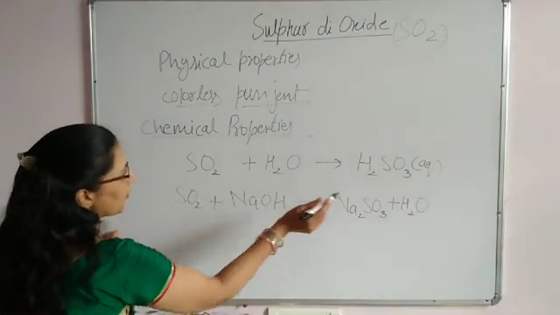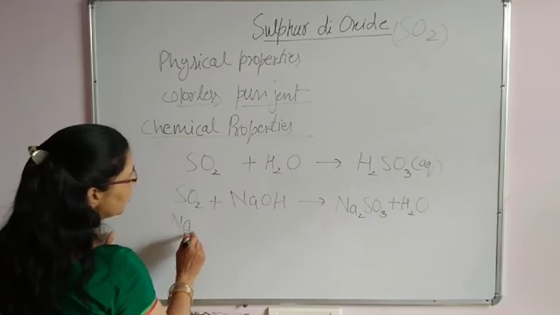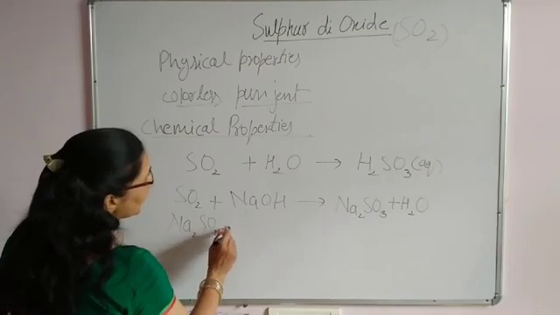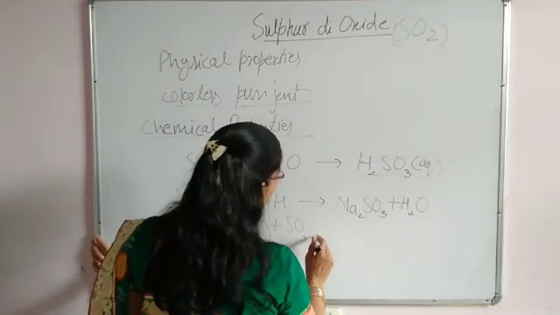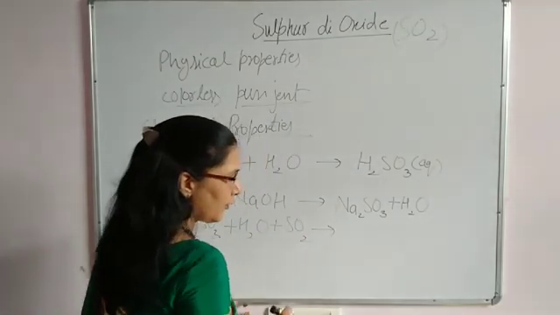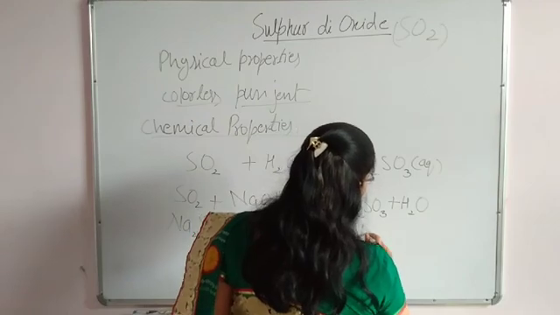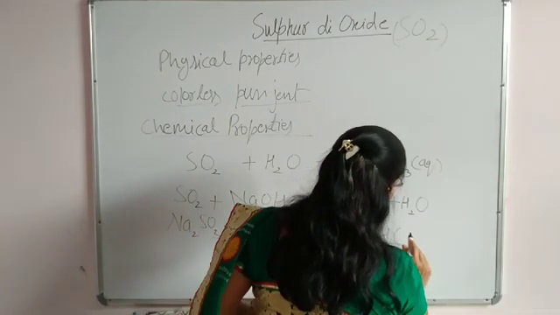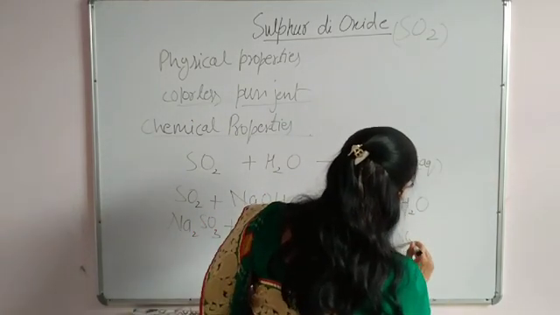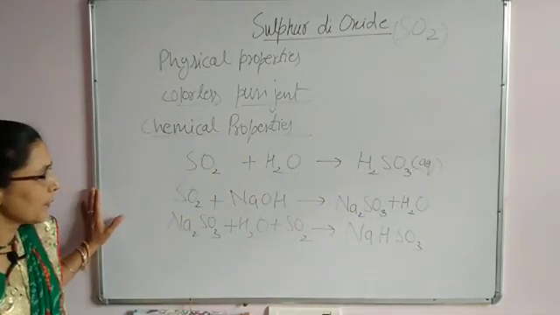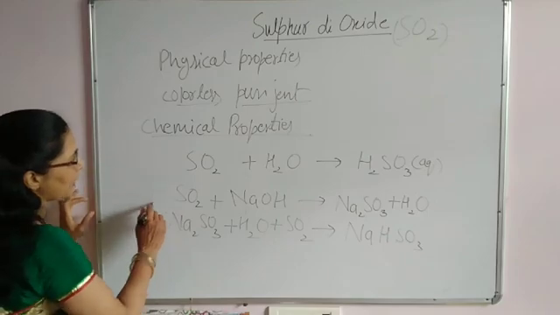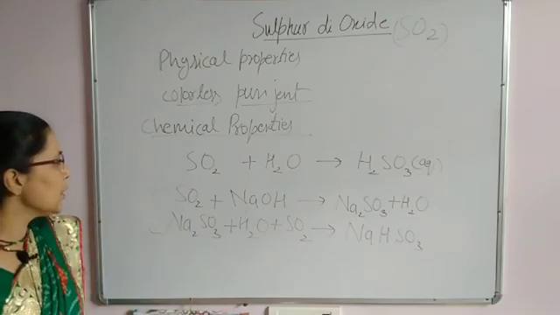When in the above solution, Na2SO3 plus H2O, excess of sulfur dioxide is added, then there will be formation of NaHSO3, sodium bisulfite. So these two reactions you can compare with CO2 gas.